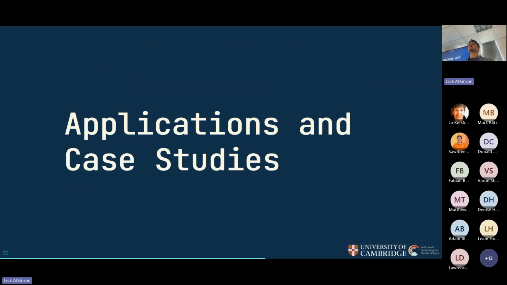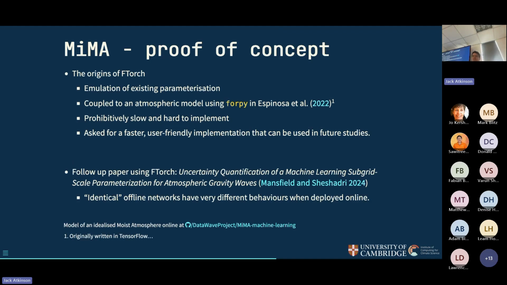So I thought I'd just finish with 2 finishing things. The first one was going to be talking about some of the projects that have made use of FTorch in their work. So the original place, like I said, this came out of a project where some researchers were trying to couple a parameterization they'd developed offline and then use it within an atmospheric model. And they'd done the work. This was purely emulation.